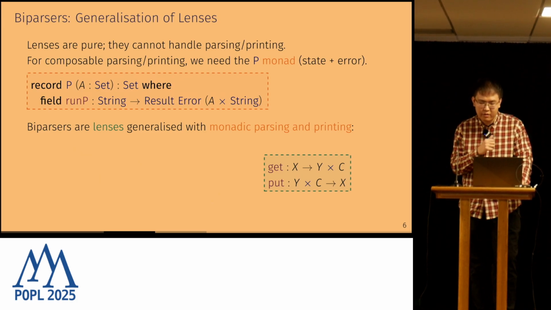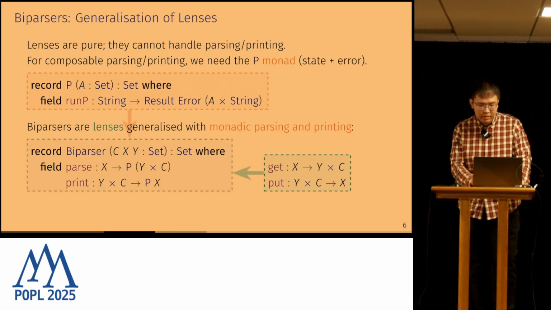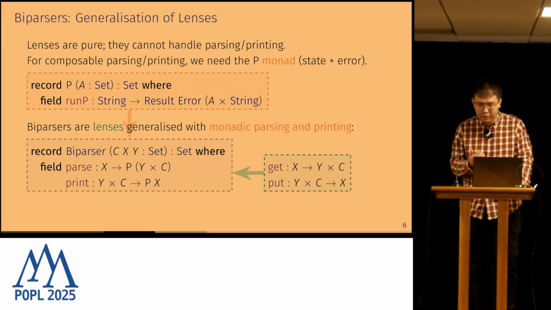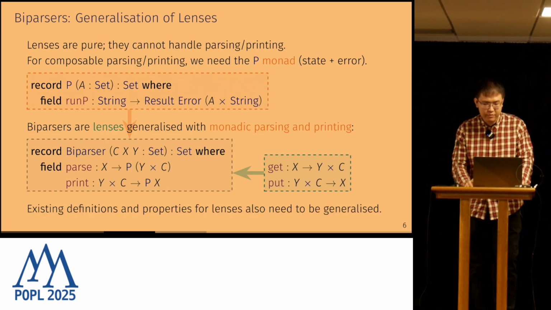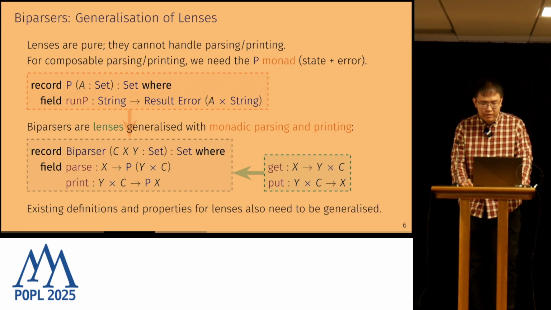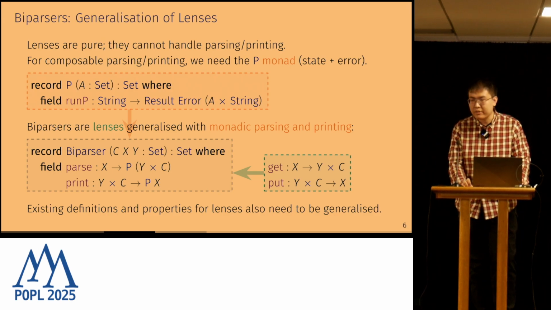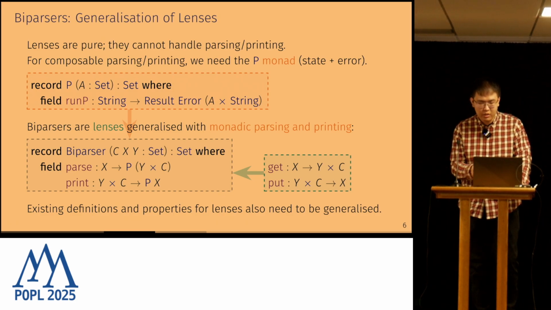We combine the orange part and the green part into this definition. We introduce the P monad into both directions of the lens and get the parse and print functions. And after this, existing definitions and properties for lenses also need to be generalized to take into account the new P monad.